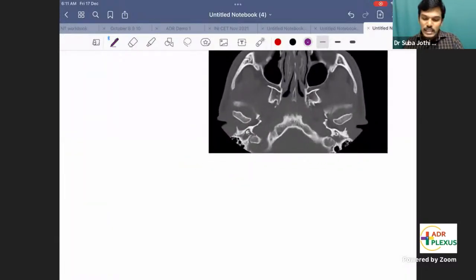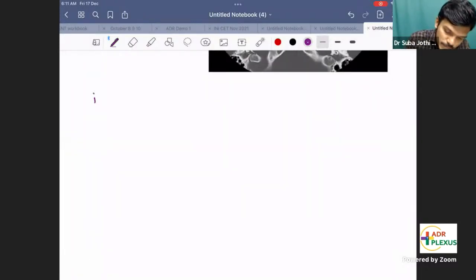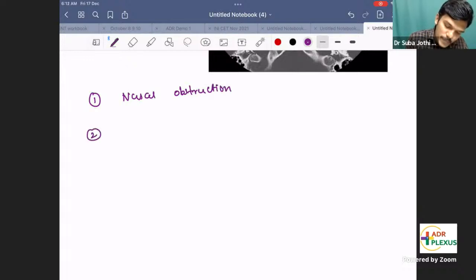So what are the clinical features specific for nasal bone fracture? First, there will be complaints of nasal obstruction. Then there could be a deformity of the external nose.